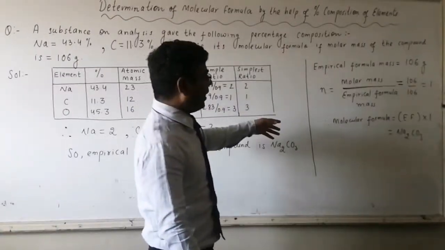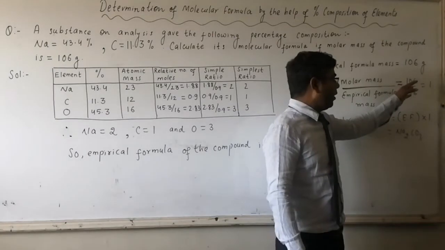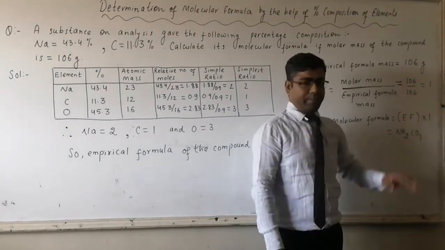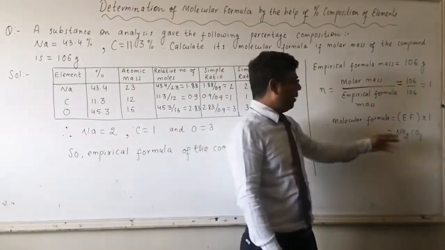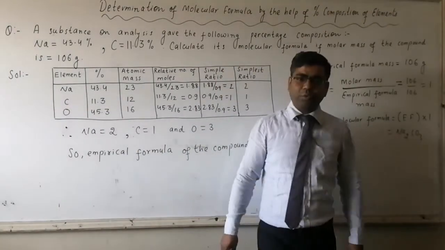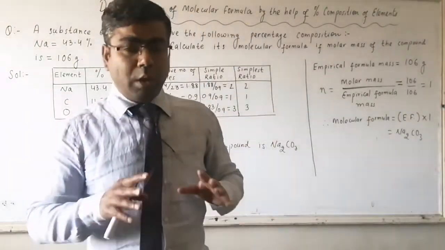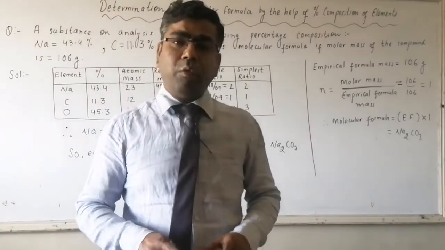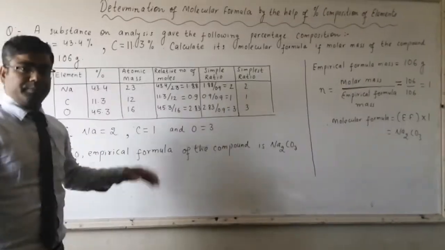So factor n will be molar mass divided by empirical formula mass, which equals 106 by 106, equals 1. So molecular formula will be empirical formula times 1, so it remains Na2CO3. So Na2CO3 is the molecular formula for the given compound with this percentage composition.